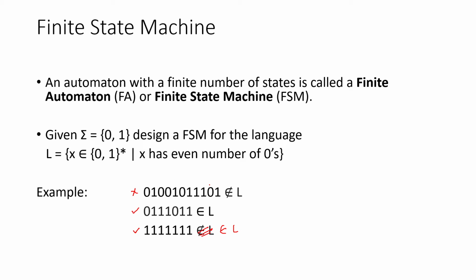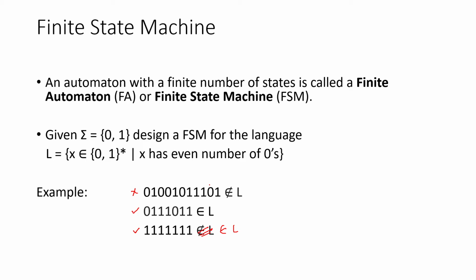If the count value modulus 2 is equal to 0, that means the count value is even, so there is an even number of zeros.